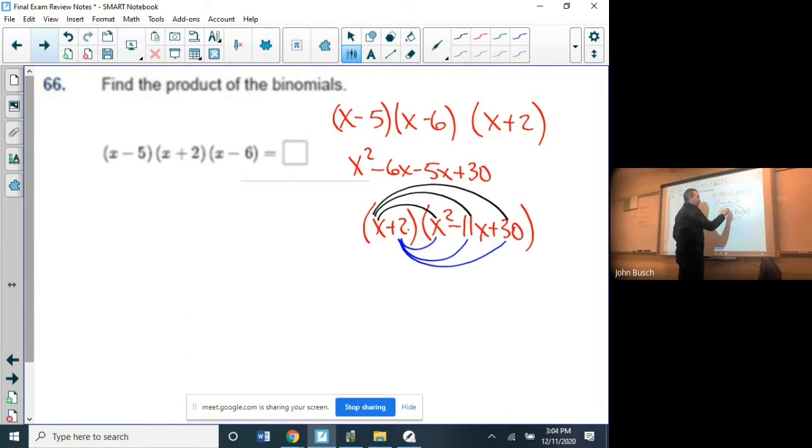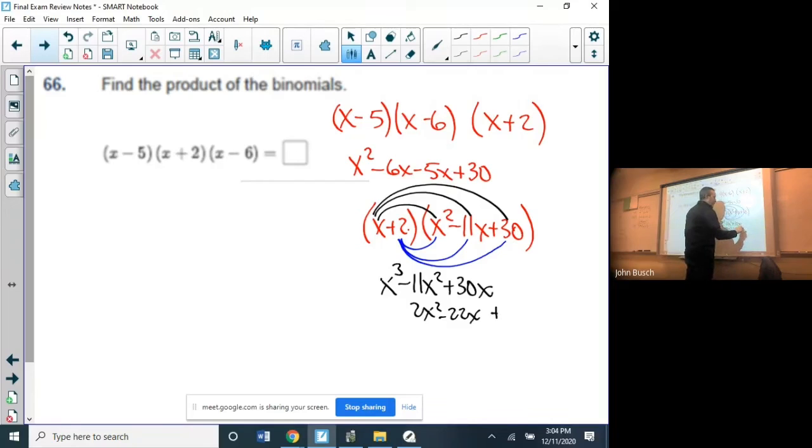So the x times x squared, x cubed. x times 11x would make 11x squared. x times 30 plus 30x. Okay, simple to do. Now, 2 times x squared, 2x squared. 2 times 11x, negative 22x. 2 times 30 plus 60.